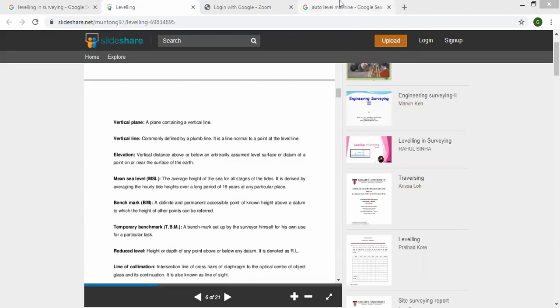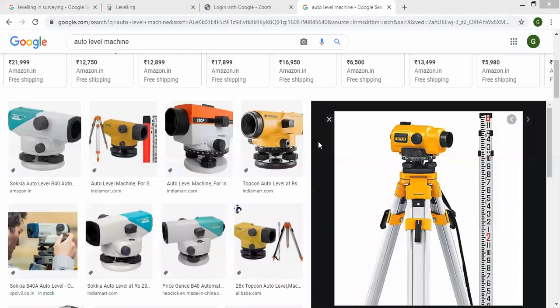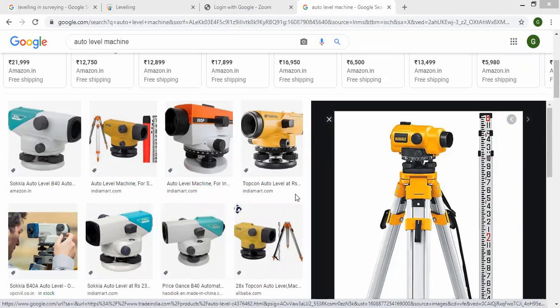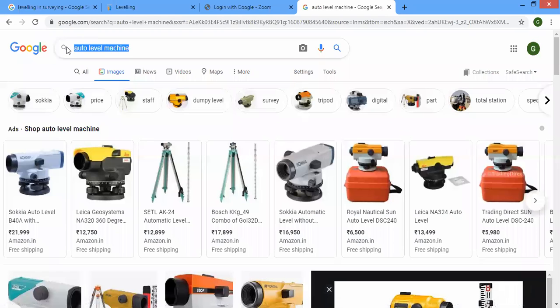I hope this leveling instrument is visible to everyone. This is called an auto level. And one more you have, called the inverted level.